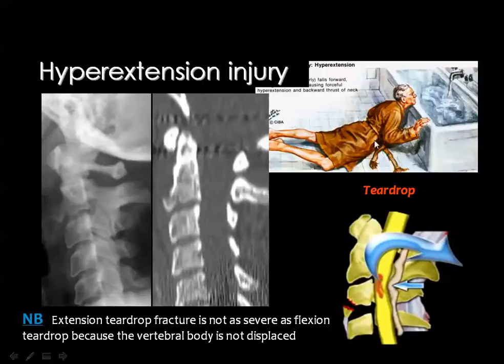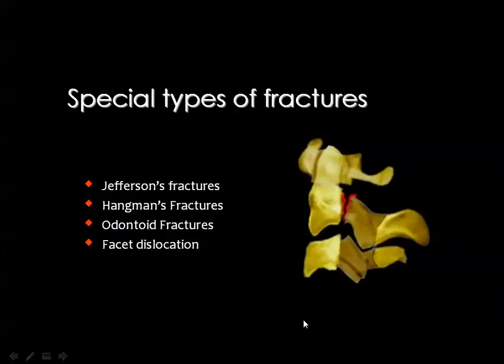In this fracture, where hyperextension of the neck is present, you get only separation of the anterior-inferior corner of the vertebra, and the rest of the vertebral body is intact. The vertebral body is not displaced, it is not encroaching on the spinal canal. So we have two types of teardrop fractures: the flexion one, which is very severe, and the extension one, which is not severe like the flexion one.